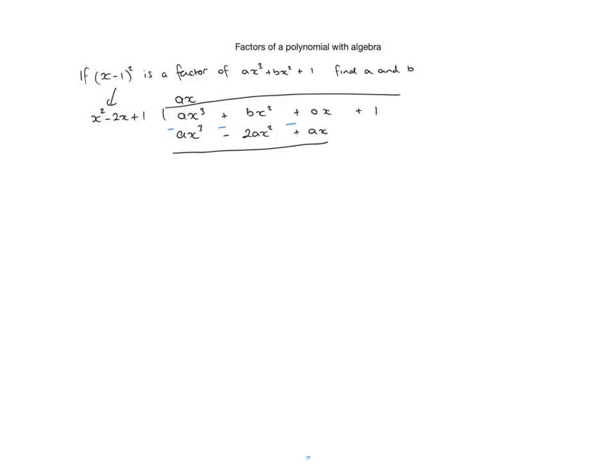We know it's going to be an x squared here, so we just stick the x squared at the end, and what we have is b minus 2a, so that's b plus 2a, and we can just stick that in a bracket in front of the x squared there. Then 0x minus ax is just minus ax, and the plus 1 comes down.